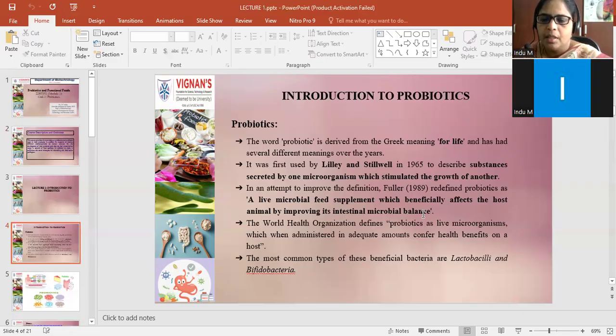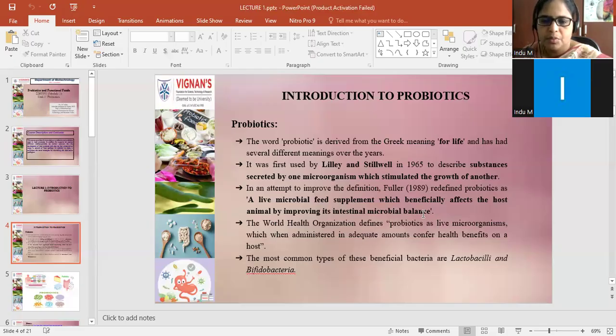Later, Fuller in 1989 redefined the term probiotics as a live microbial feed supplement which beneficially affects the host animal by improving its intestinal microbial balance. Later, WHO defined probiotics as live microorganisms which, when administered in adequate amounts, confer health benefits on the host.